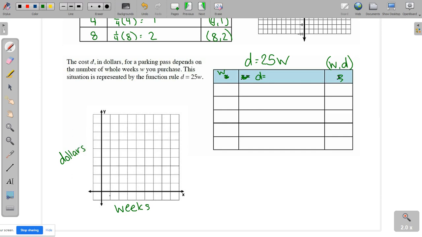And weeks, we're going to go in increments of 1. And dollars, we're going to go in increments of 25.